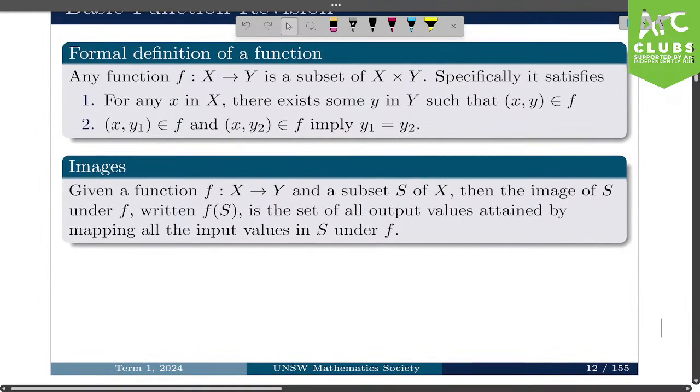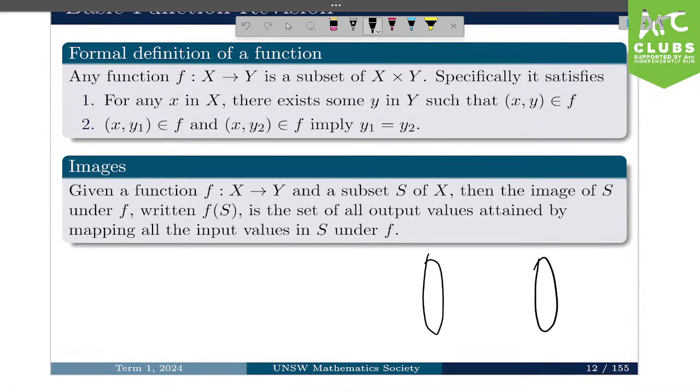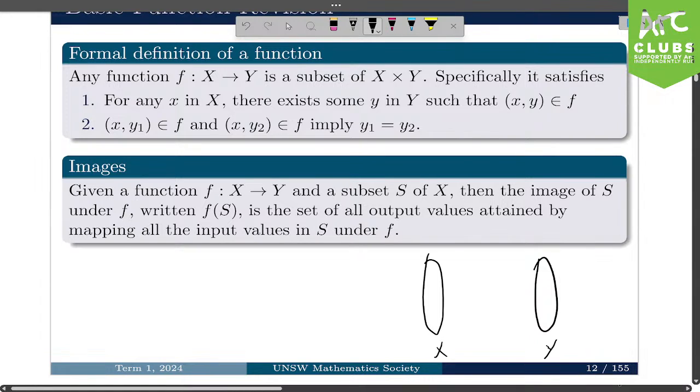So basically, it's a kind of convoluted way of defining it, but if we have our domain X and a codomain Y, and our set S is some subset of the domain, right?